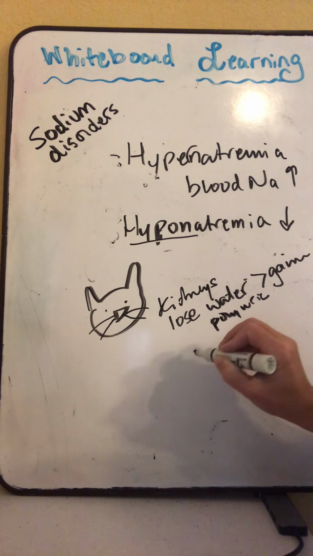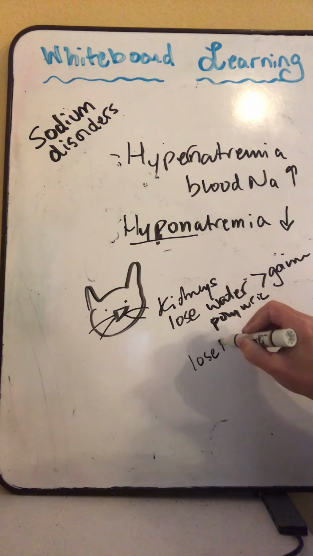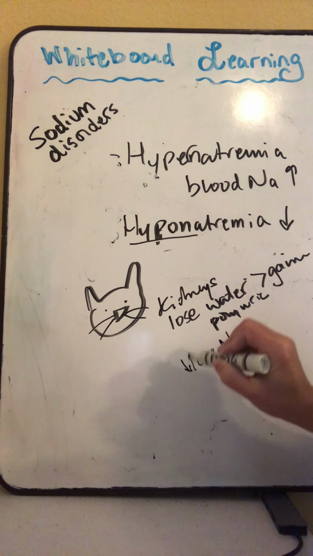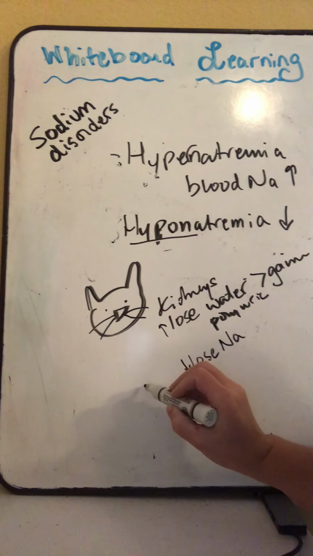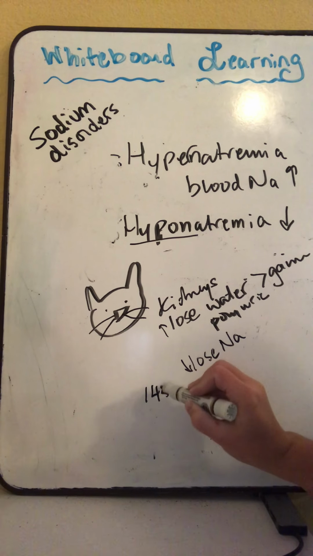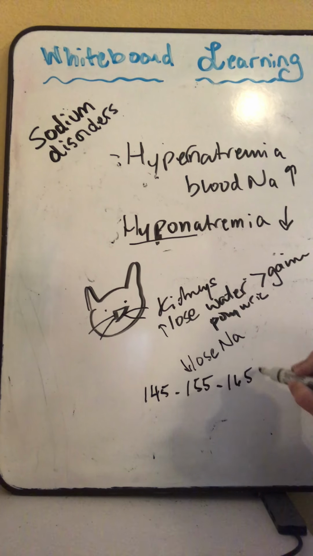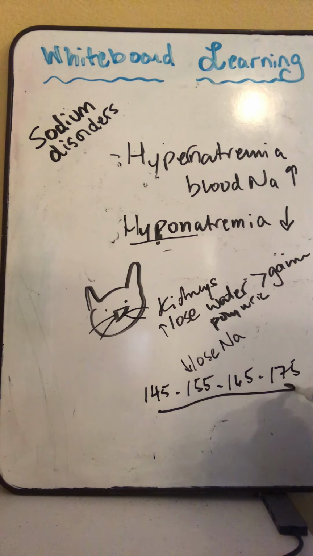But they also aren't losing sodium as fast as they are losing water. So this is lower than the losing of water. So overall, their sodium might have started at 145, and then it'll creep up to 155, and that'll be 165, and 175. These guys will be chronically hypernatremic.